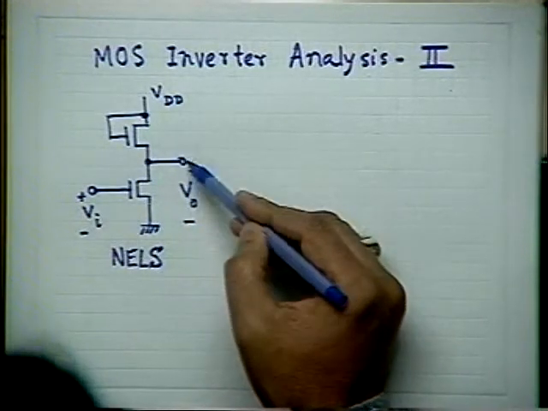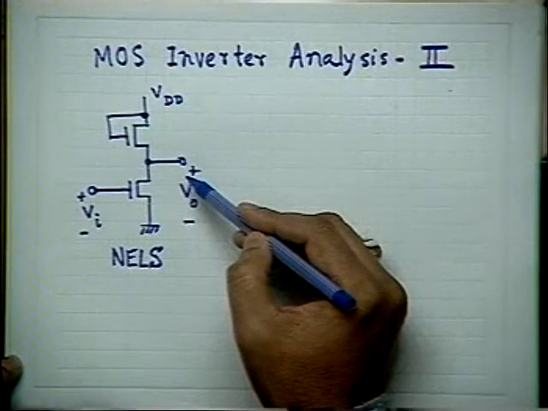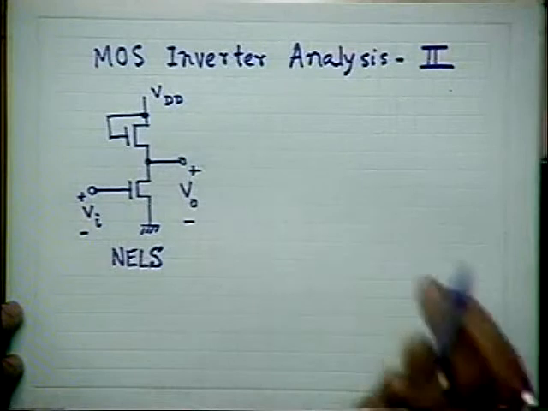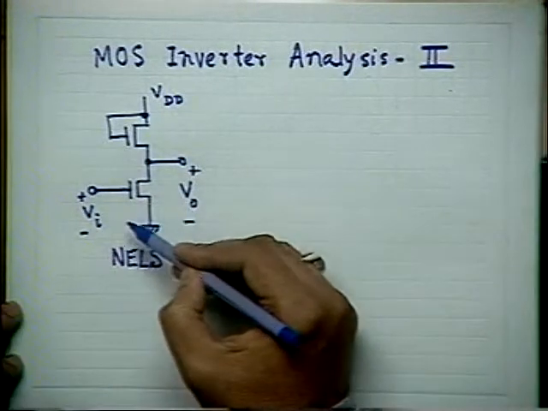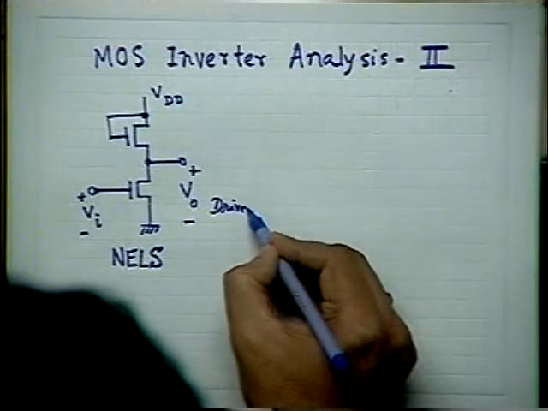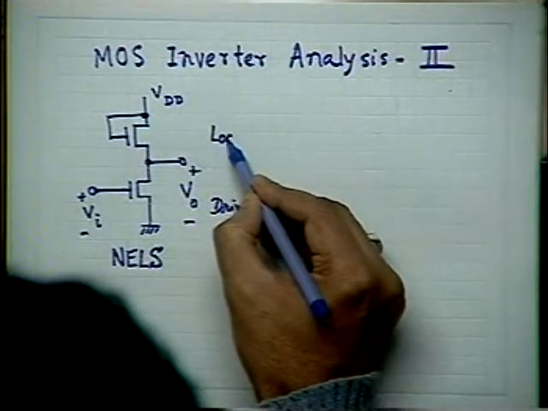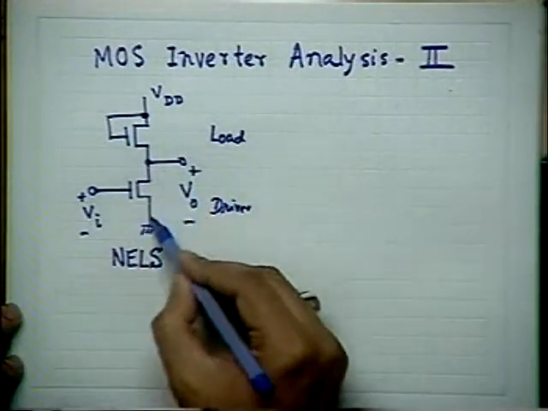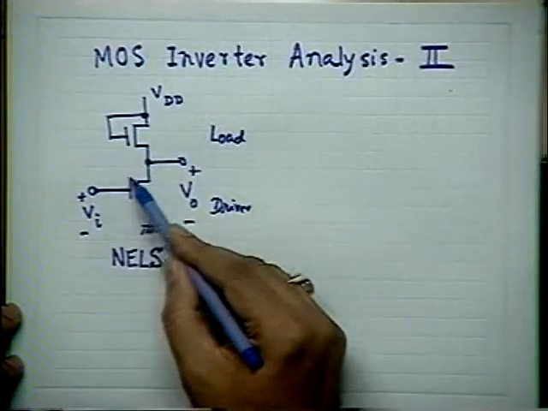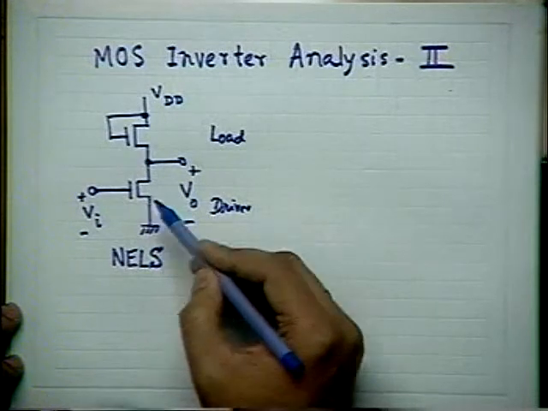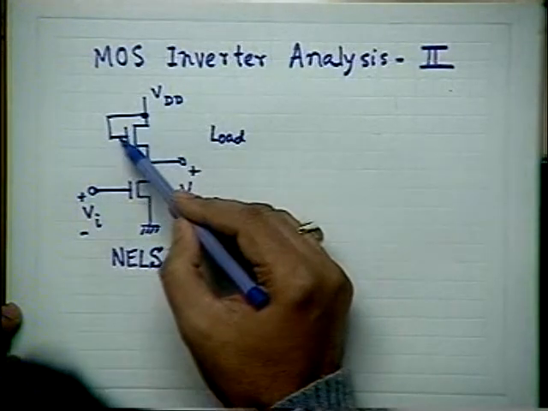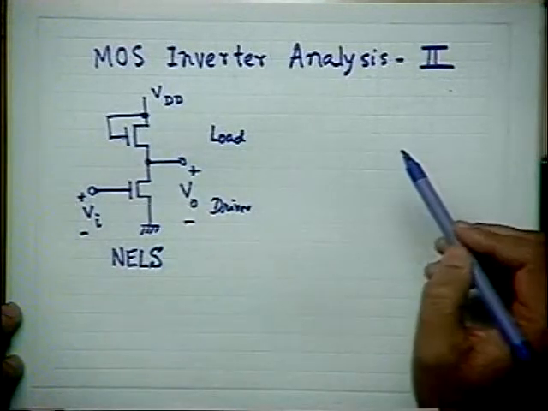When output is high, this transistor is always in saturation. That is why I have preserved. But what about this transistor? This I have called driver, and this is load. When output is near the high state, the driver is in saturation, whereas the load is always in saturation. That we have ensured by short circuiting the gate and the drain.